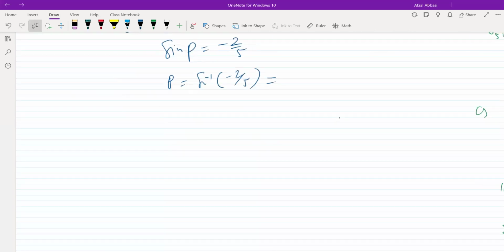Your calculator should be in radian mode. Sine inverse of negative 2 over 5 gives us negative 0.4115. Then, as we know, we need to find two values for the sine. So this is p1, we can call it. p2 will be pi minus our first answer.